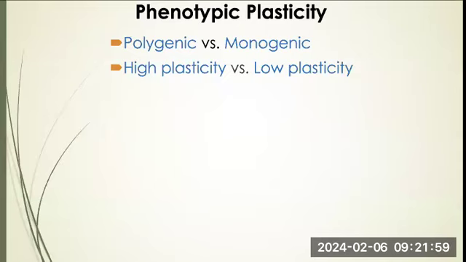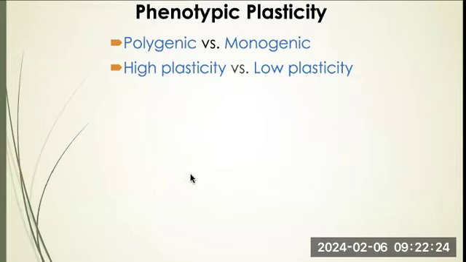Some people cannot curl their tongue, and for a very long time, we thought that was a monogenic trait, like one gene determined whether or not you could curl your tongue. Apparently, that's not necessarily true. Earlobes, whether your earlobes are attached or kind of separate from your head, is another trait that people often consider monogenic.